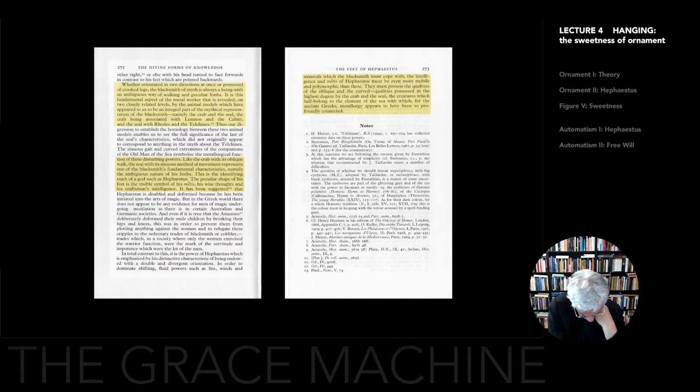Hephaestus is often described even as polymetes. Polymetes is even more cunning than cunning.